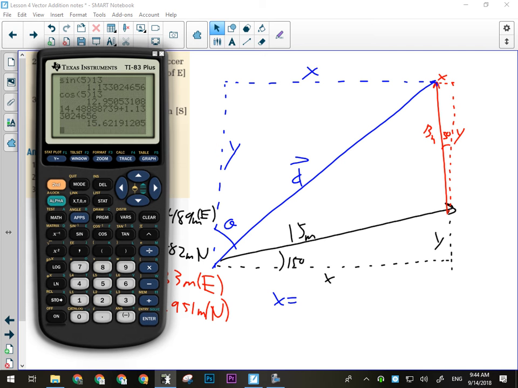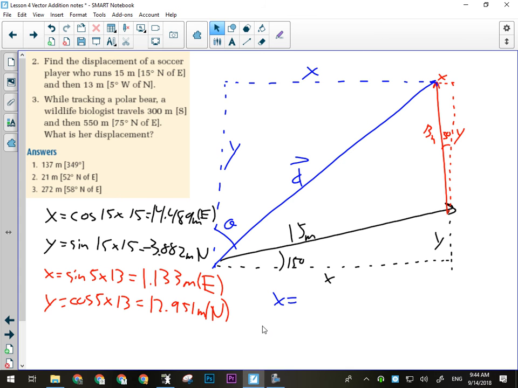Okay, so we're getting our blue x to be 15.622 meters, and that is east.